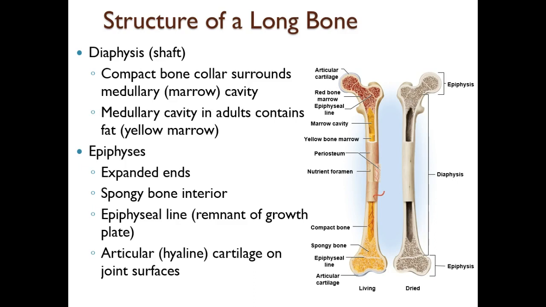If you were able to look inside of the shaft of a bone, you would notice that there's a space in that. Okay, in the picture of the femur on the right, you can see the space in there, and that space has a name. You need to know that. That is called the medullary cavity.